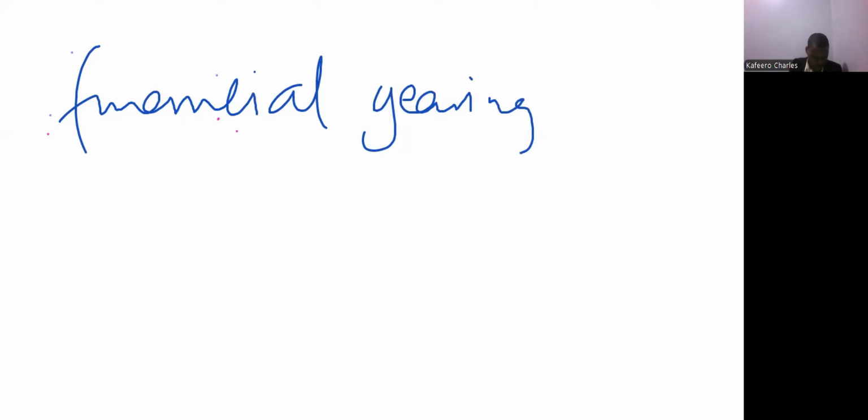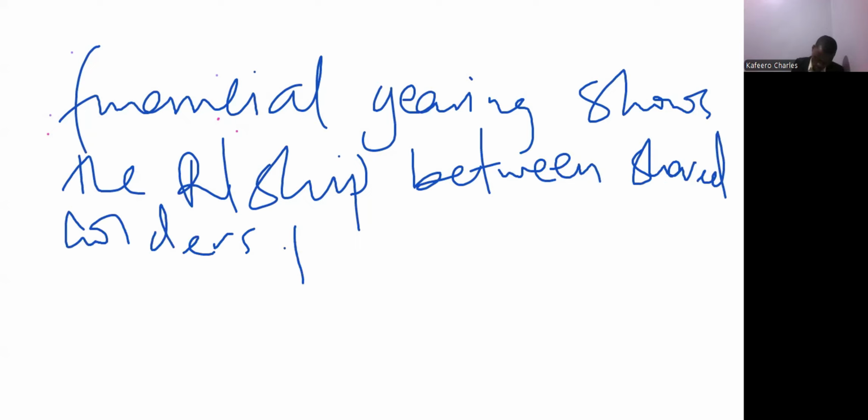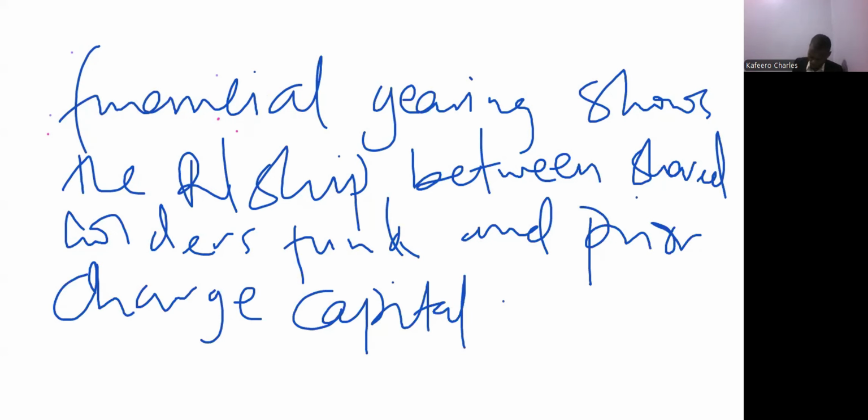Now, financial gearing shows the relationship between shareholder funds and the prior charge capital. That's what we call financial gearing.